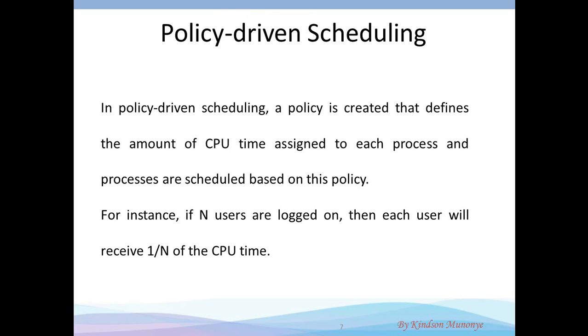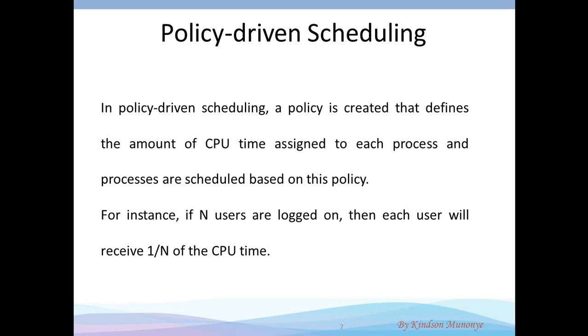Policy-driven scheduling. In policy-driven scheduling, a policy is created, and this policy defines the amount of time assigned to each process. So a policy has to be defined, and it might be based on some criteria. For instance, how long has a process been waiting in the ready queue?